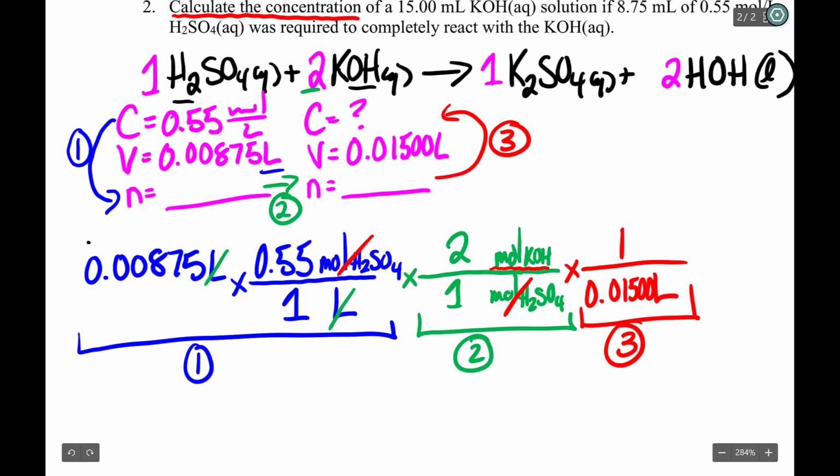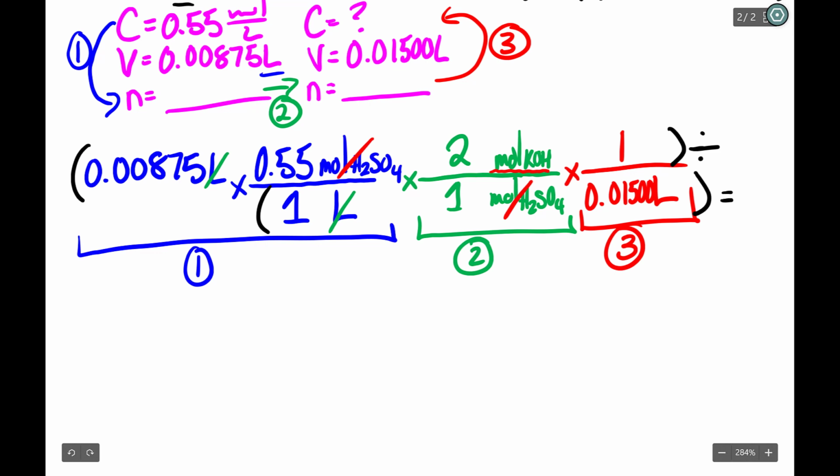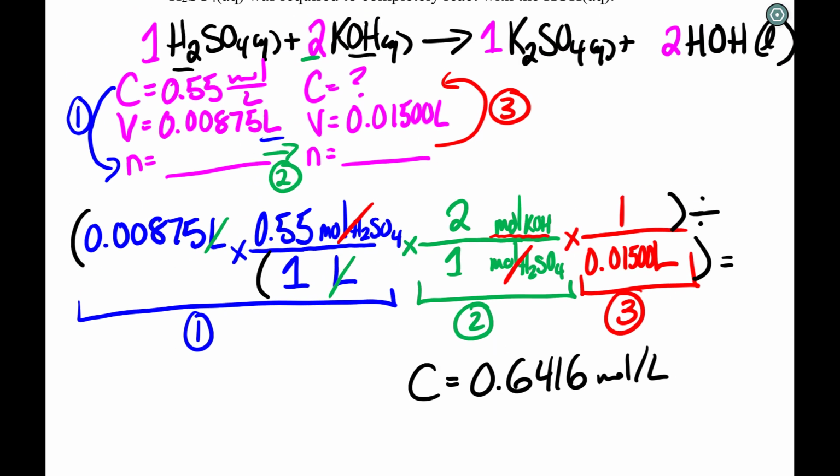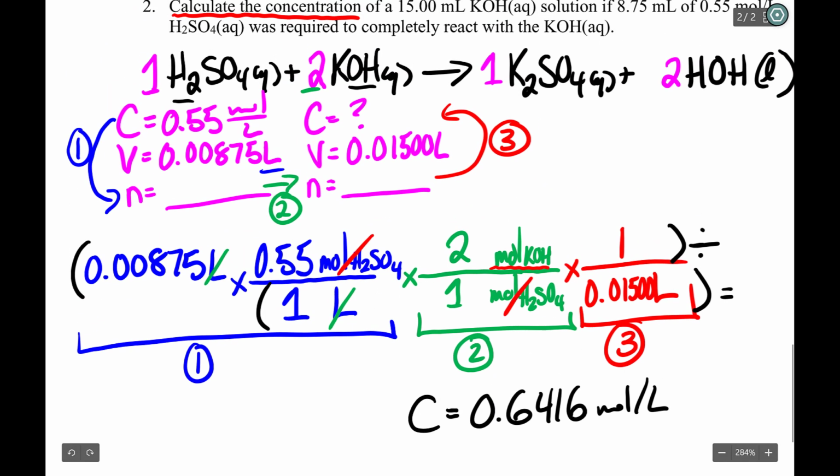All right, so everything on top in one set of brackets, you hit divide. Everything on the bottom in one set of brackets, you hit equals. Now, if you do that, you should get a concentration of 0.6416 moles per liter. Now, what I'm going to do is check for my significant digits.